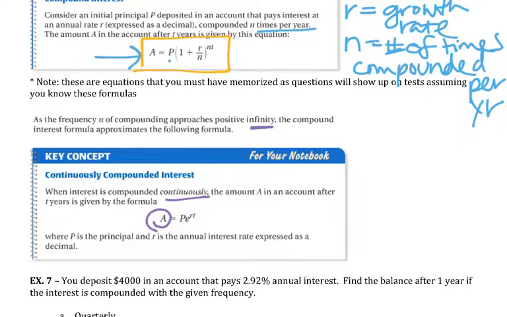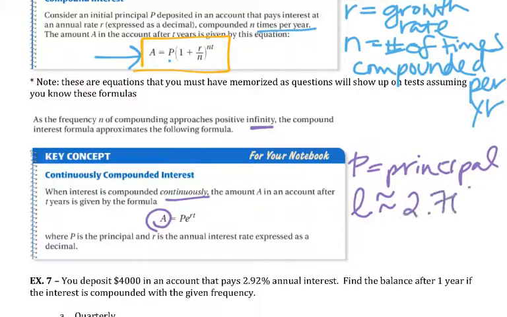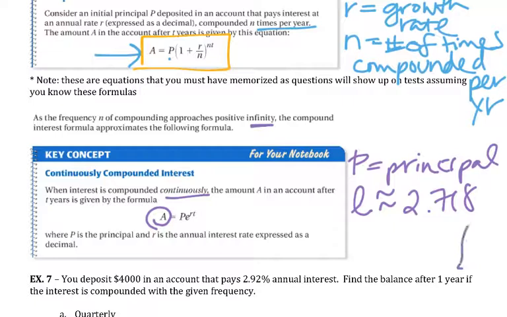P is still your principal, or your initial amount. We know E is the constant. It is about 2.718. R is still the rate, and T is still time. So we're going to look at some examples of when you'll use these equations. And again, this is another equation that you just have to have memorized.